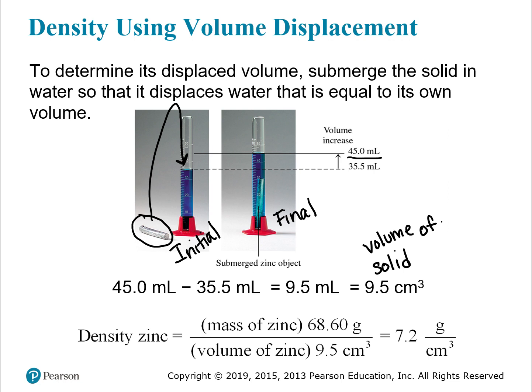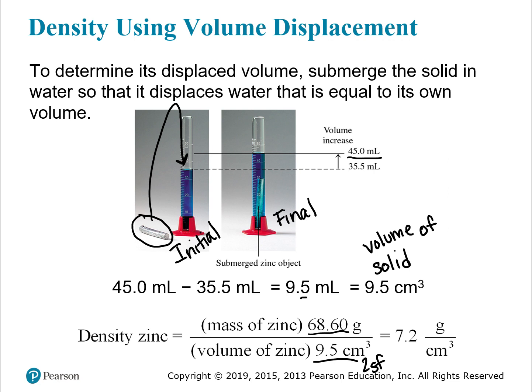Once you have that, and you take your mass from the scale, then you can calculate the density of, in this case, zinc, but whatever solid you have. And you divide the mass by the volume. Notice how there are two sig figs in the volume, because when we did our subtraction, we could only keep up to the 10th place.